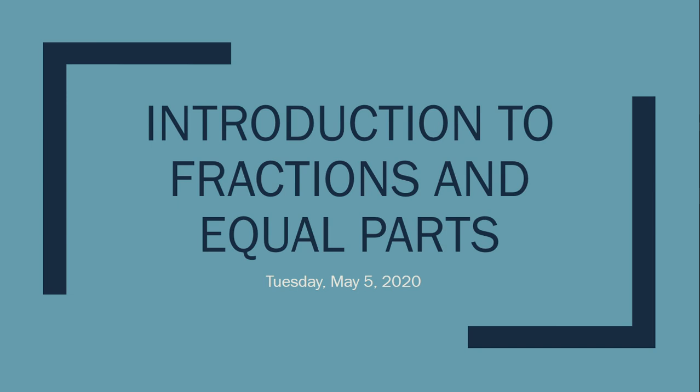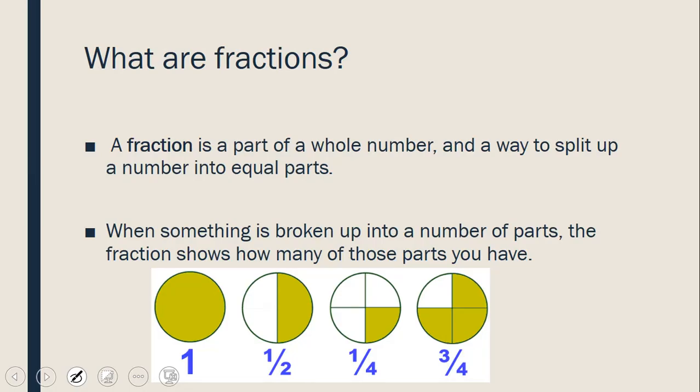So we have finished our multiplication and division unit, and today we are starting our new unit on fractions, but today we're going to be talking about equal parts of fractions. So what are fractions? Well, they are basically just a part of a whole.